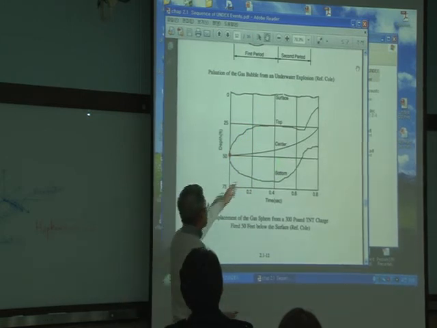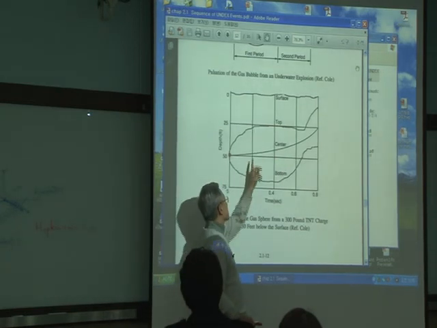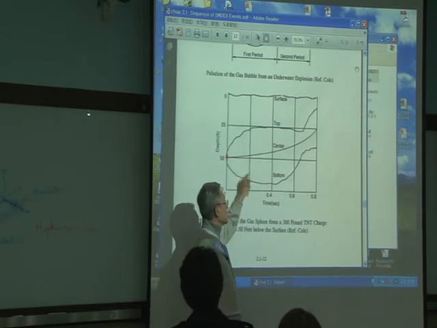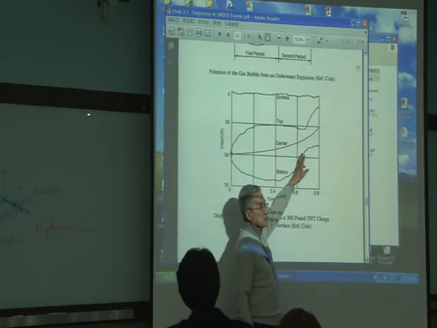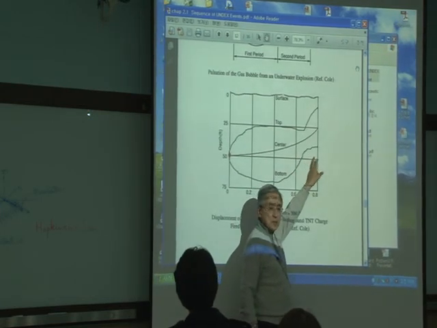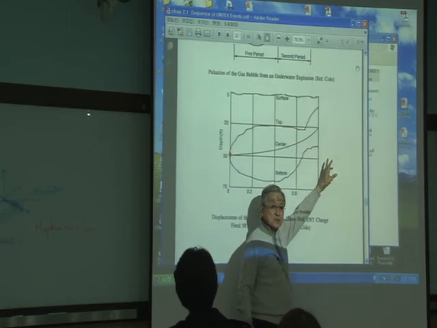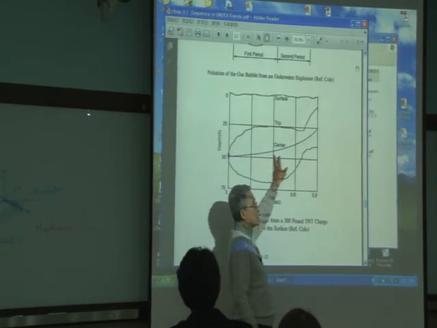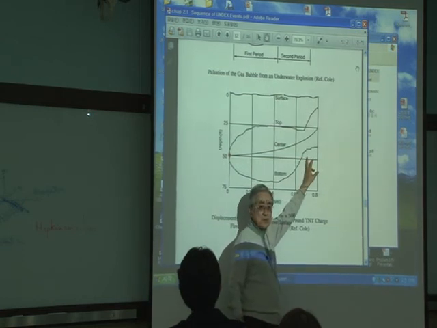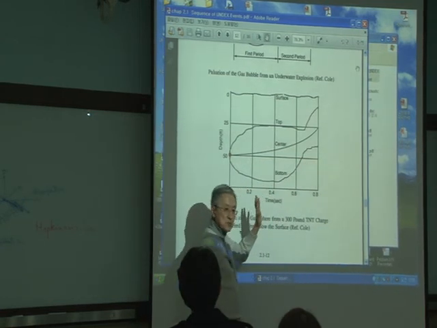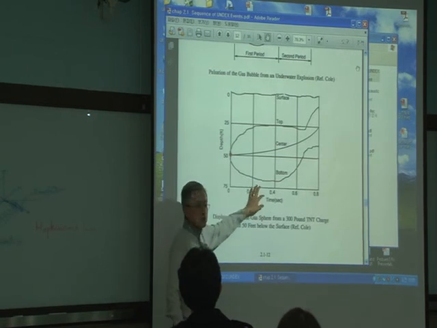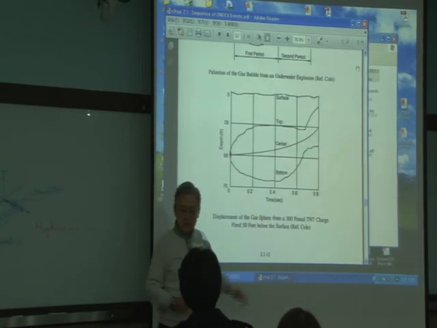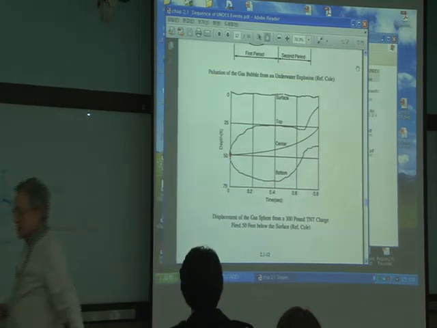If you cut from here to here, that's the diameter of the gas bubble. It will grow, reduce down to a minimum, keep going up, migrate to the free surface, and this is the center of the gas bubble. So the motion is clear. This is measured. You can compute it. It's not the problem.